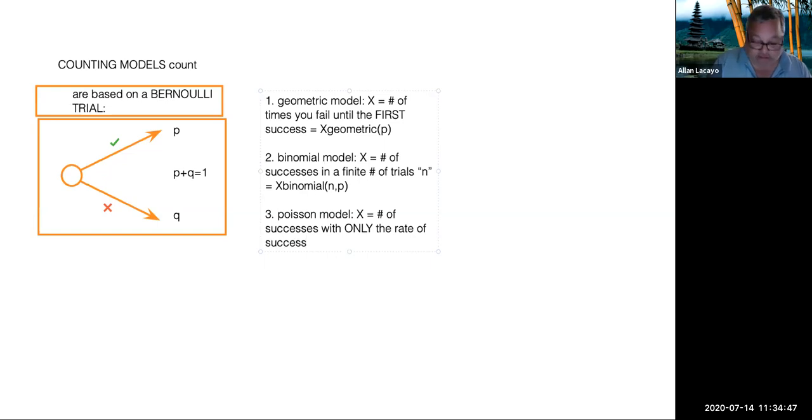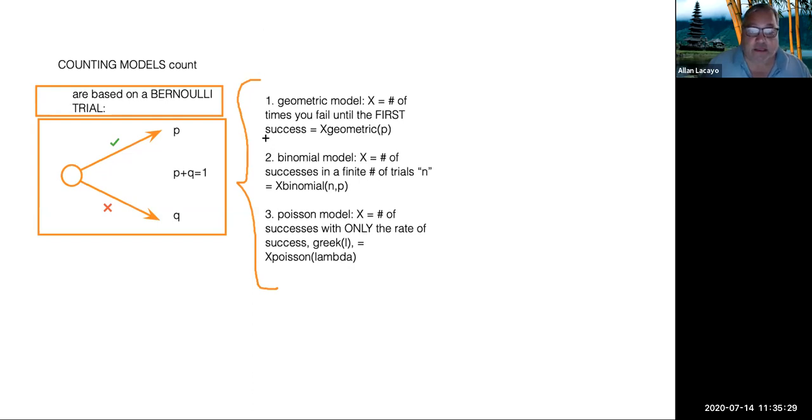And usually we use a Greek symbol for the letter L, lambda, and that Greek letter L, lambda, is the rate of success. So in this case, the Poisson model will only give you information about this rate of success, lambda. And you don't know the probability in a Bernoulli-based system. Okay.